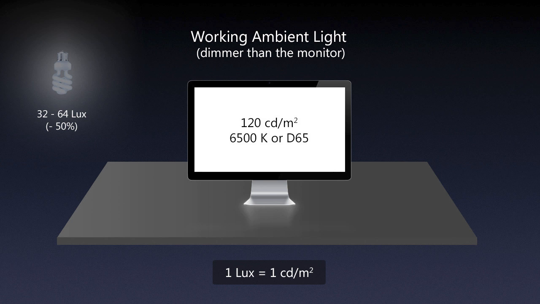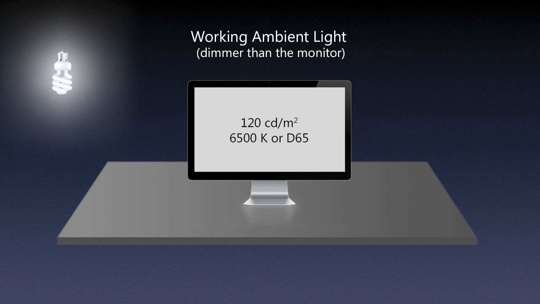If your light is, as we saw before, equal to or even brighter than your monitor, the problem is that it's harder to see things in the shadows, for example, when you're working on your screen.